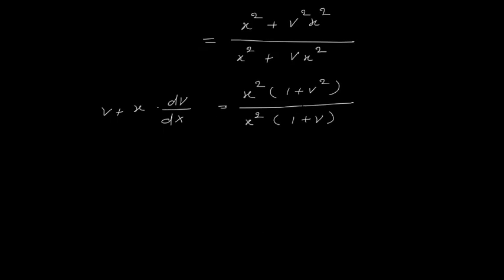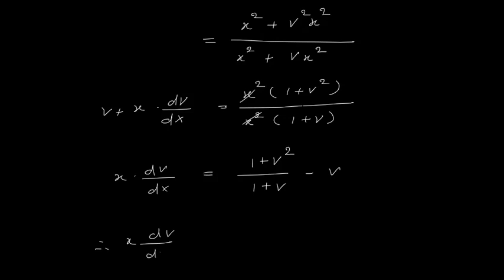So this x square cancels, and I have x into dv upon dx is equals to 1 plus v square upon 1 plus v, minus v. Therefore x into dv upon dx is equals to 1 plus v square minus v, minus v square, whole divided by 1 plus v.